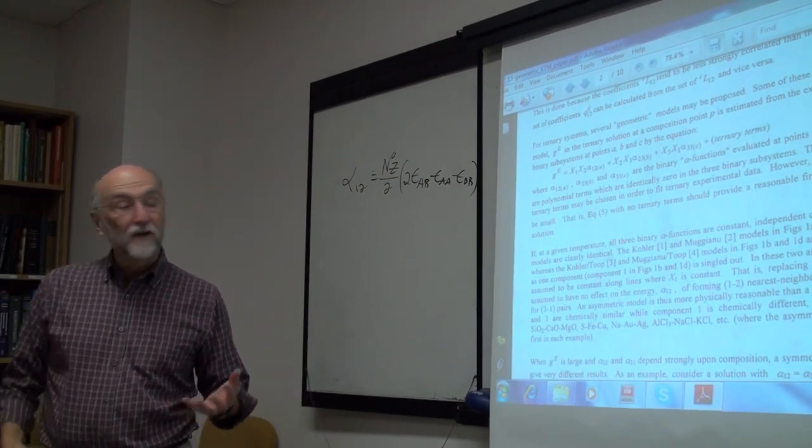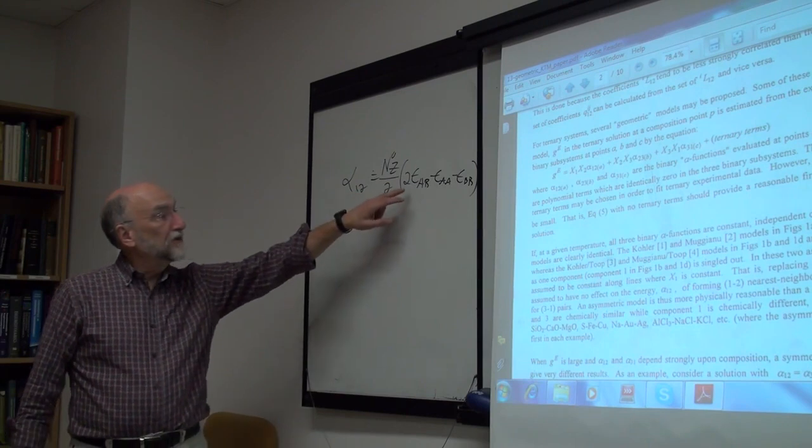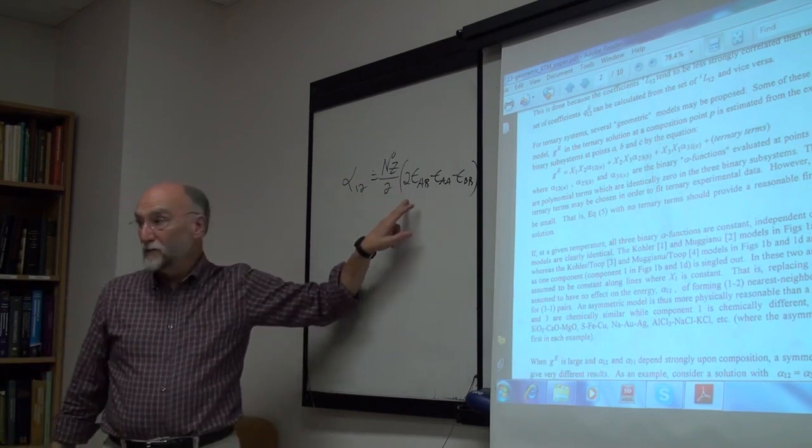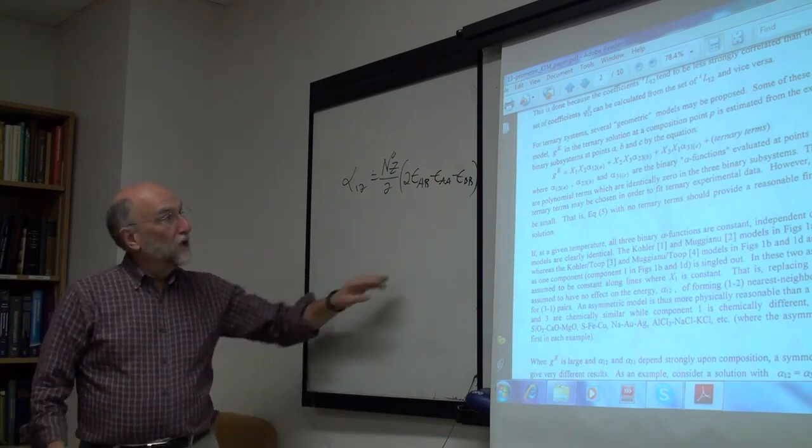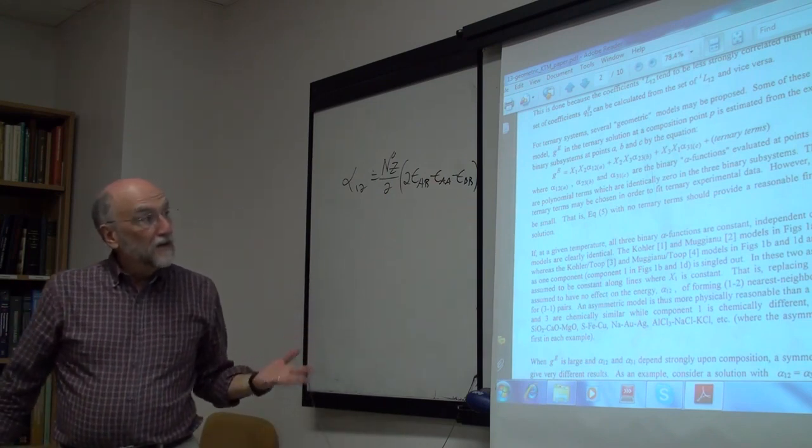You're assuming random mixing, and you're assuming the heat of mixing and the entropies are given by the difference in the bond energies. Now I know this is approximate and so on, but this is the basic idea of a regular solution.